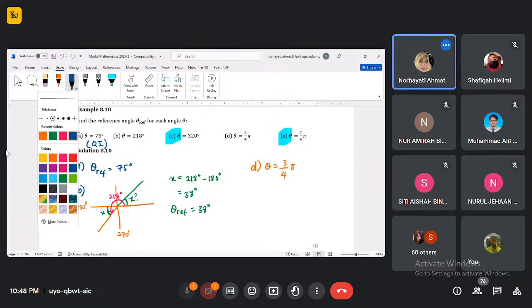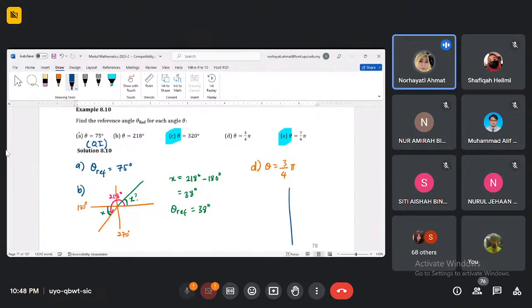Okay, kita divide this first half circle ni into 4 parts. Okay, 4 parts. 1, 2, 3, 4. Okay. So therefore each part is 45 degree lah. Okay. This is 45 plus 45 plus 45 plus 45.